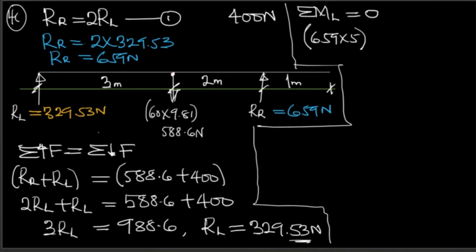That is anti-clockwise. My clockwise moments are 588.6 multiplied by 3, then plus 400 X. Can someone give me the value of X here very quickly? 3.823. Thank you.